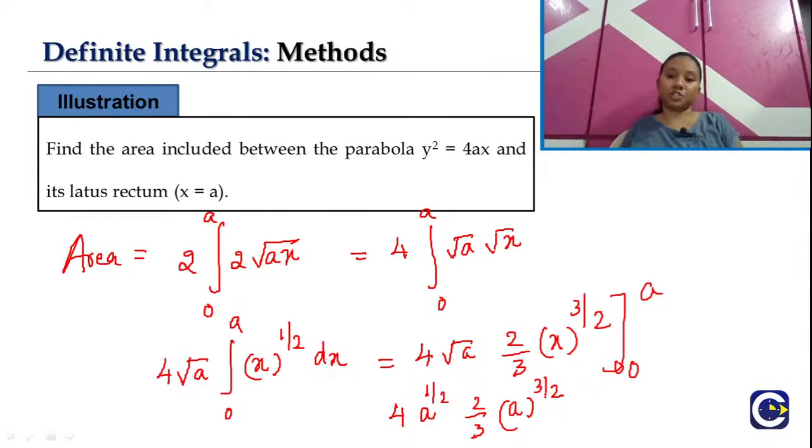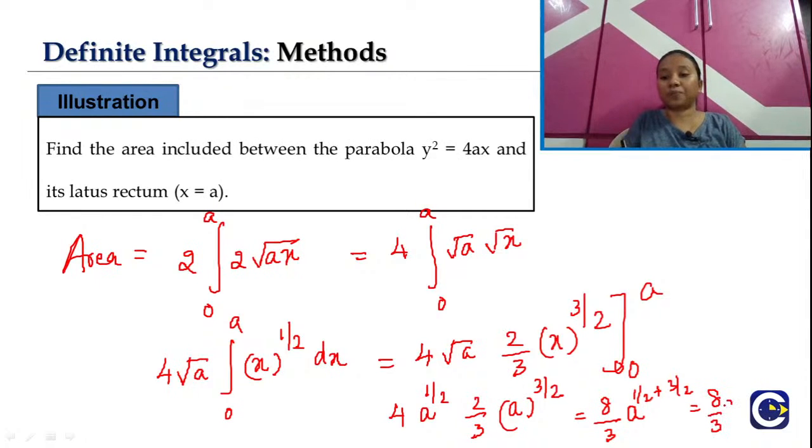No need to substitute 0 because anyway it will become 0. Now this will be 4 into 2, 8, 8 by 3. If I add these powers, 1 by 2 plus 3 by 2, that will be 4 by 2, which is a square. So 8 by 3 a square.